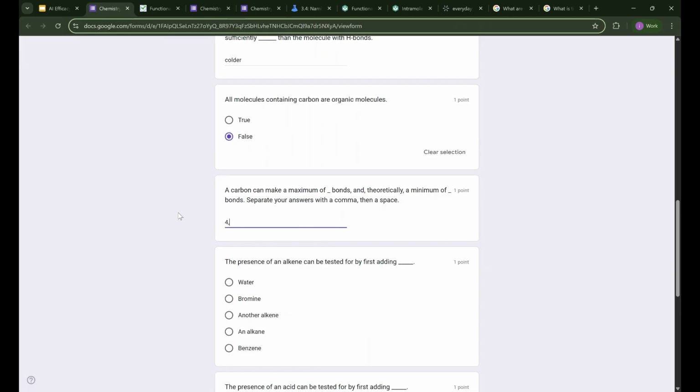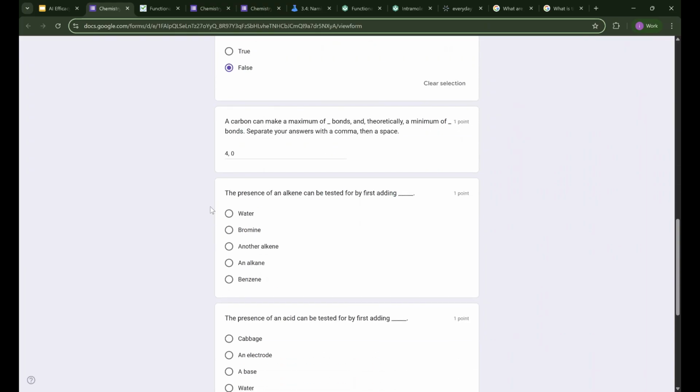Can make a maximum of 4 and a minimum of... this one I'm actually not sure about because maybe 0 bonds, just a floating carbon atom. Because it says theoretically, that's what I'm thinking. It means that it can apply.